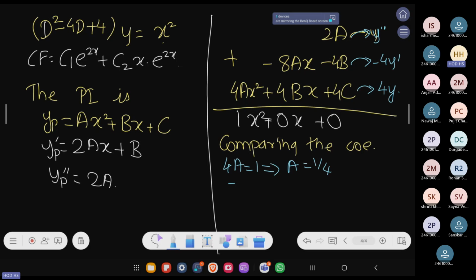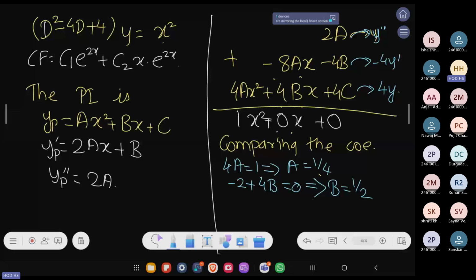I will get minus 2 plus 4b, this should be 0. I'm substituting a as 1 by 4. This will be minus 2 plus 4b should give me the value 0. By solving, I will get the value of b as plus half.